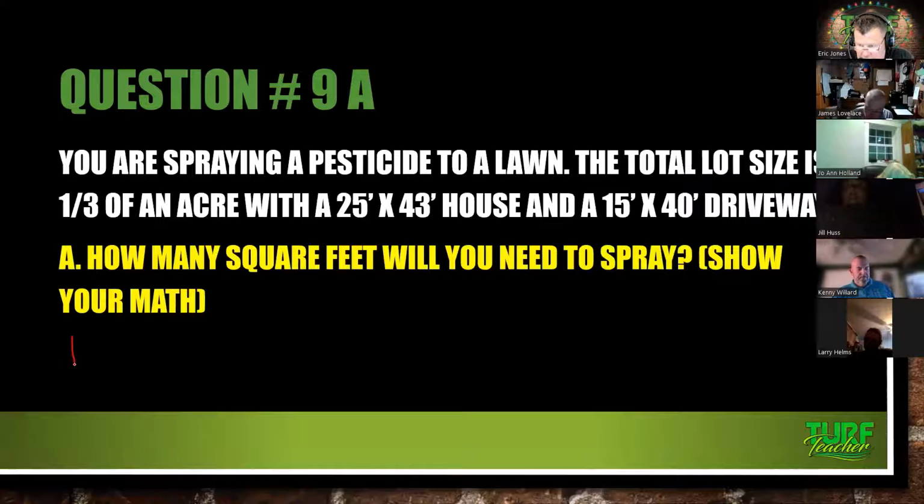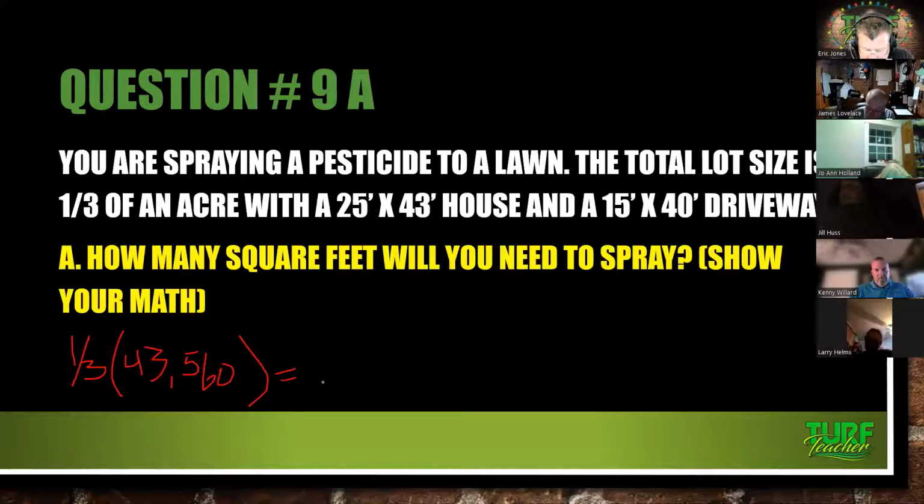So we have 1/3 of an acre. So 1/3 times our 43,560 gives us 14,520 square feet of the total property. We have a house that is 25 by 43.